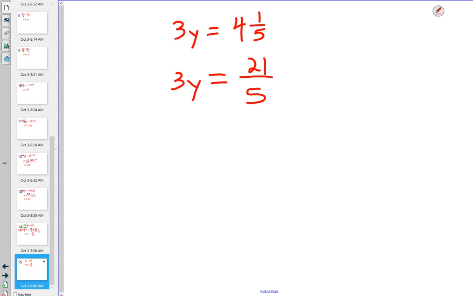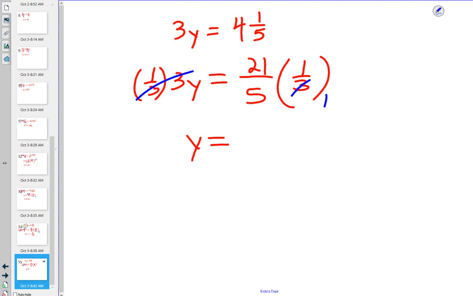So instead of 3 over 1, it would be 1 over 3. Multiply. Cancels. y equals 3 divided by 3 is 1. 21 divided by 3 is 7. Not that you have to do it in that order. But now 7 times 1 is 7. 5 times 1 is 5.